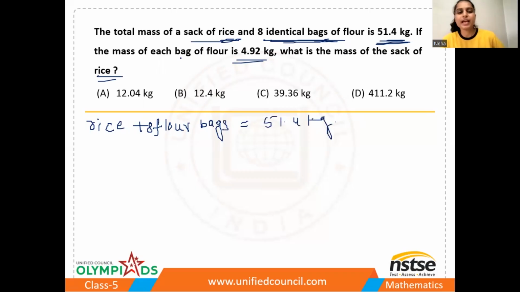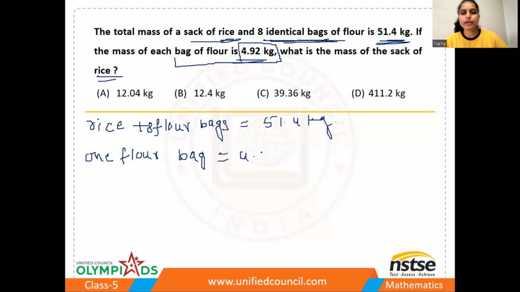Right? And for one bag of flour, the mass is given as 4.92 kg. So if for one bag it is 4.92 kg, then how much for 8 bags? Because we have 8 bags in total, right?